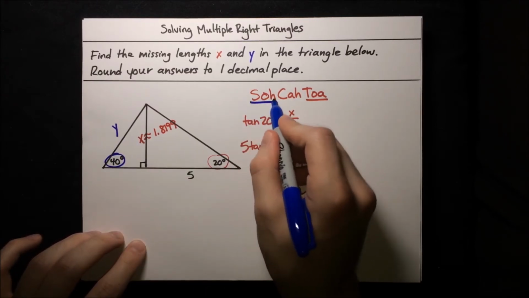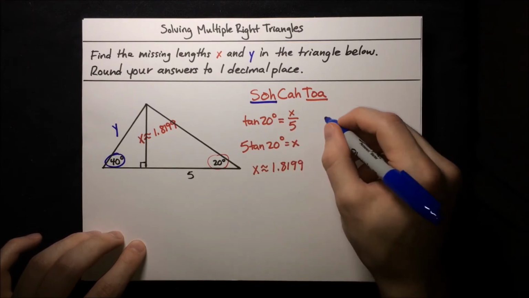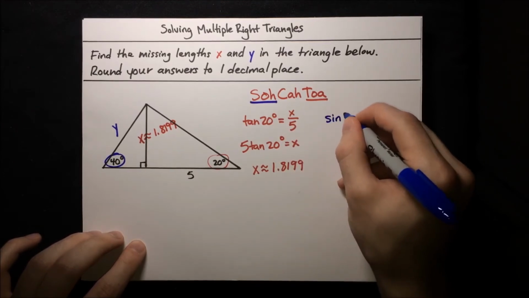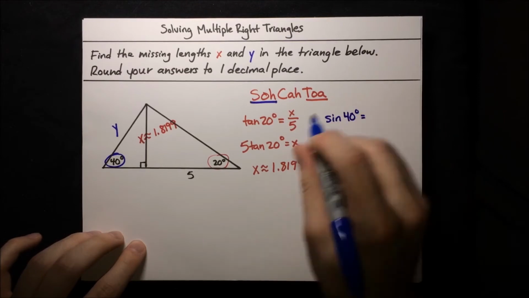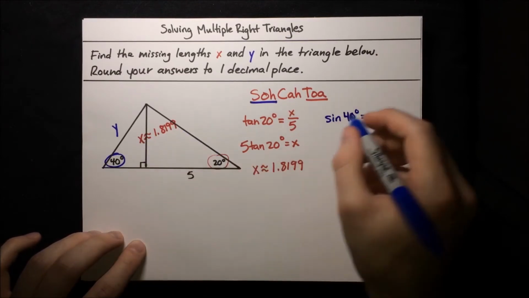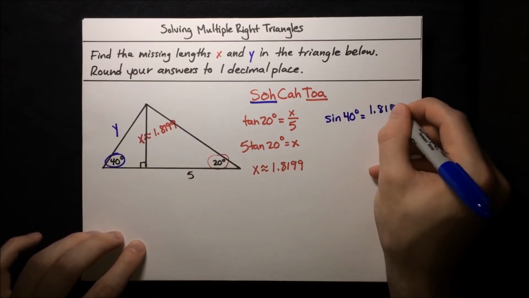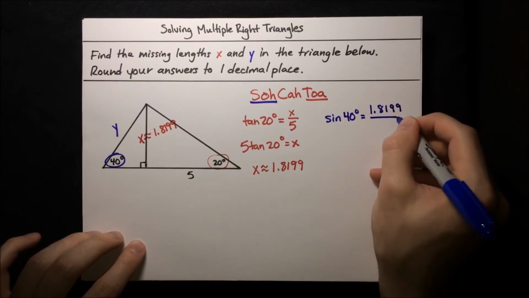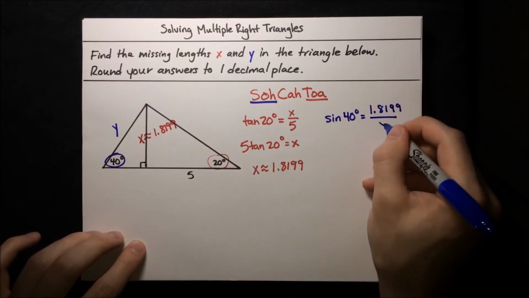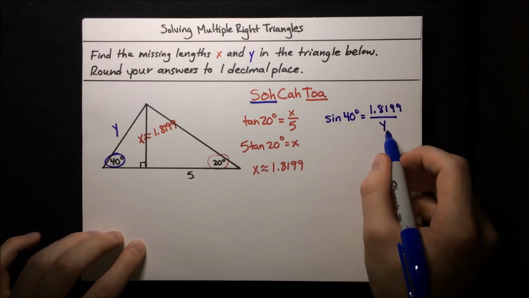So opposite over hypotenuse, and so let's write that down here. Sine of 40 degrees is opposite, which is x, which is just 1.8199, over hypotenuse, which is y. That's what we want to solve for. So let's go ahead and solve for y.